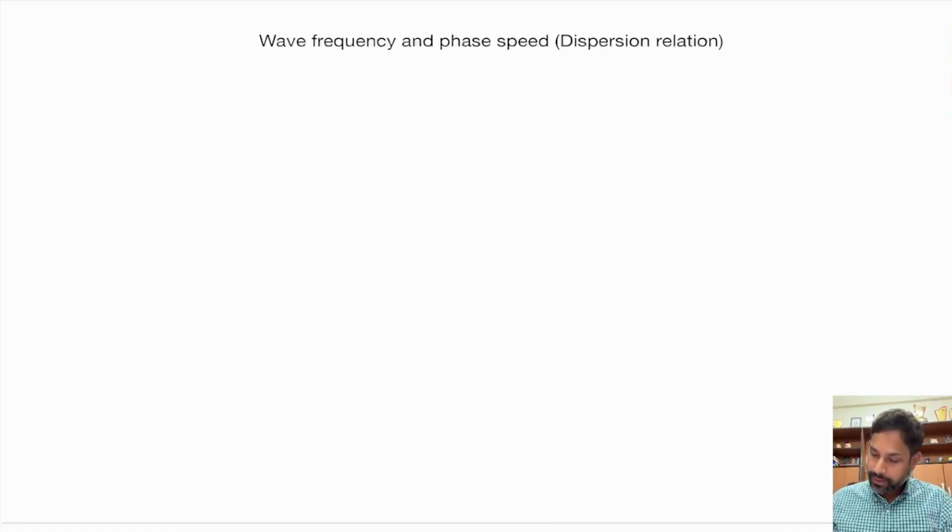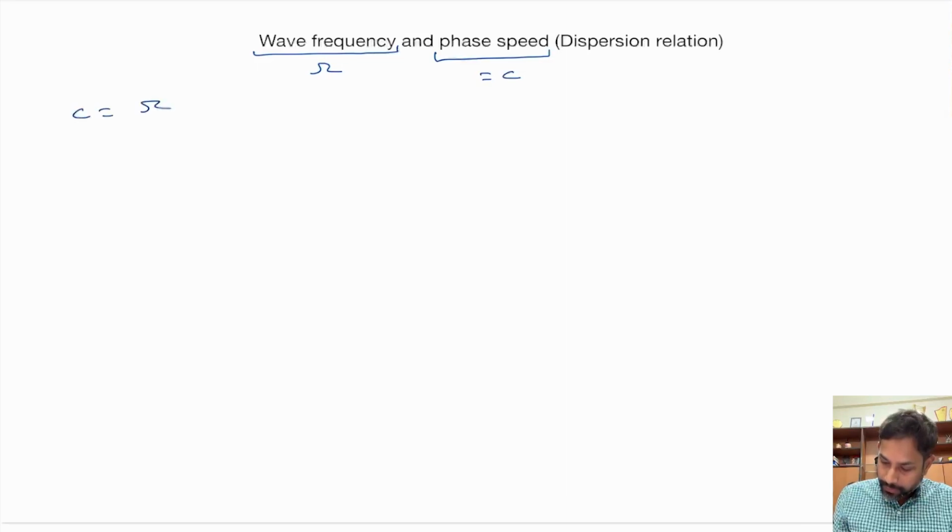Okay, so we get the stability condition in the form of wave frequency or phase speed, and these are again two different things that we have studied in the last lecture, where phase speed is something we defined as c, and wave frequency is defined as omega, right? And there is a relation between omega and c, that c is omega over k.